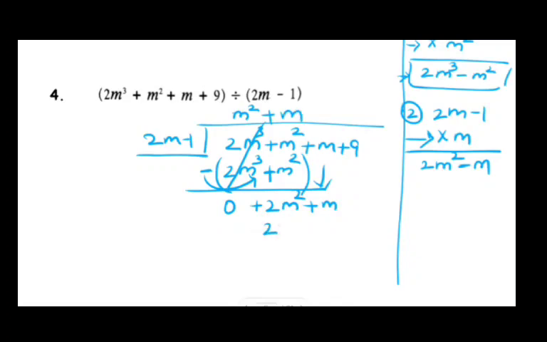This goes as my working. Minus sign applied to the whole. Plus 2m square and minus 2m square, 0. This minus sign applies here as well. This becomes 2m. Bring the 9 down.